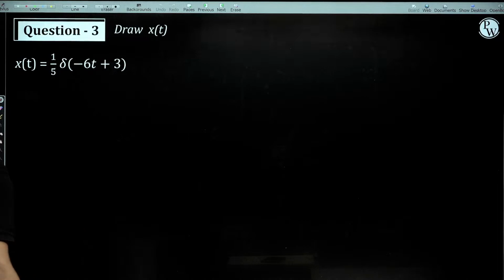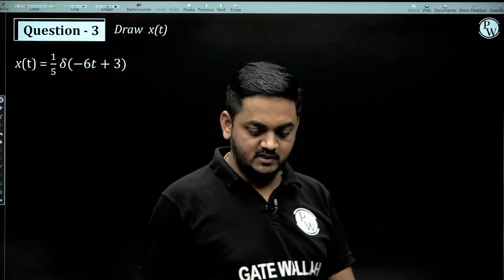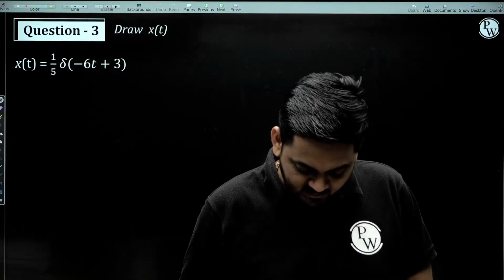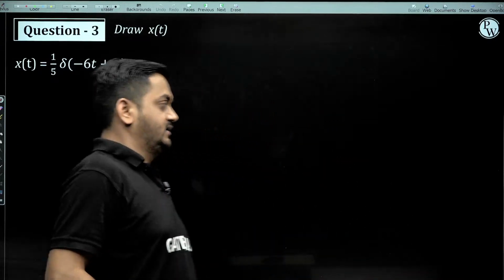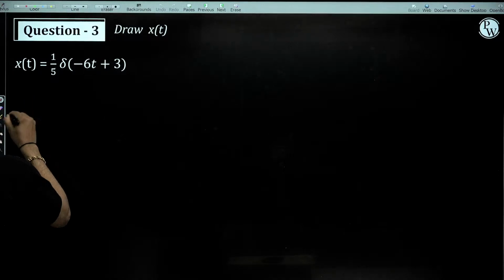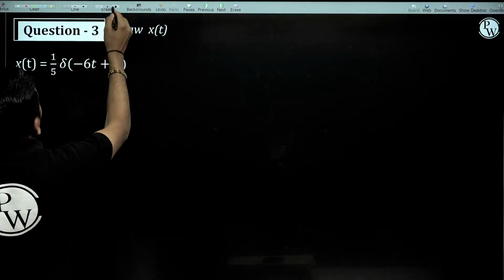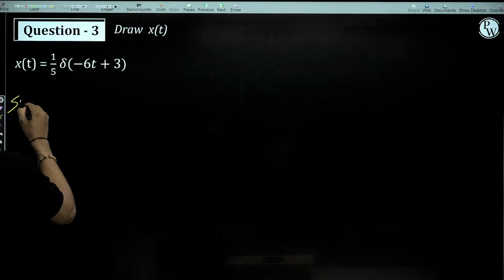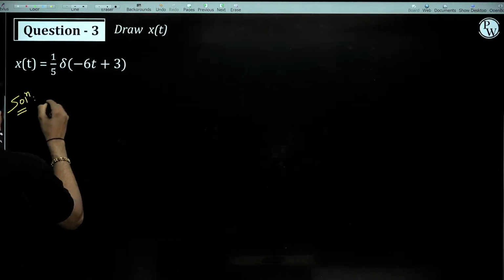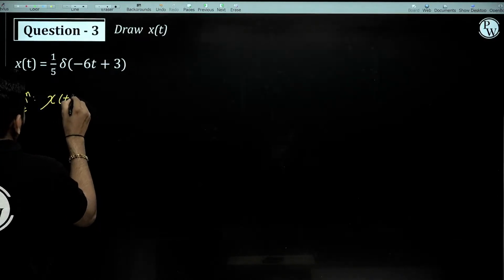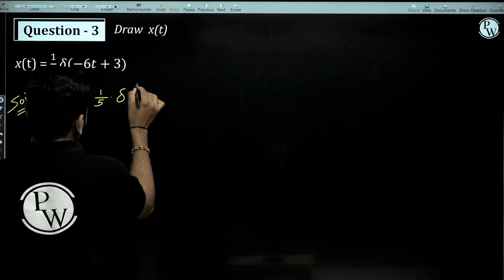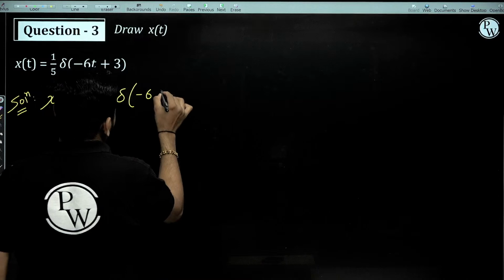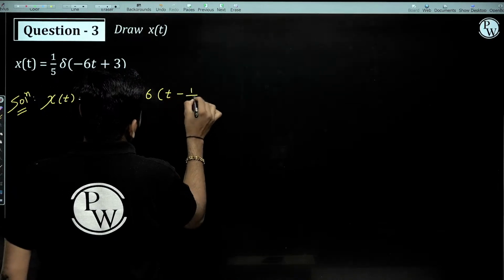Tell me what the right answer is if you have solved this question. You have to draw x of t. x of t is equal to 1 by 5 delta of minus 6t minus 1 by 2.